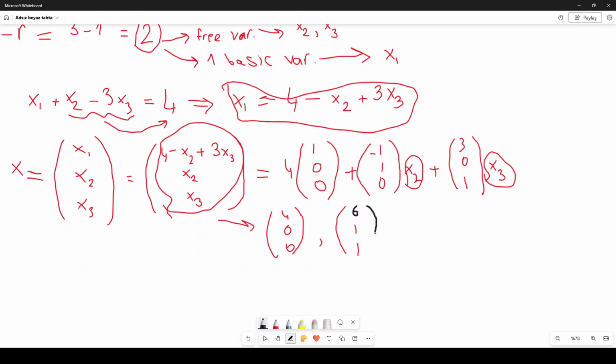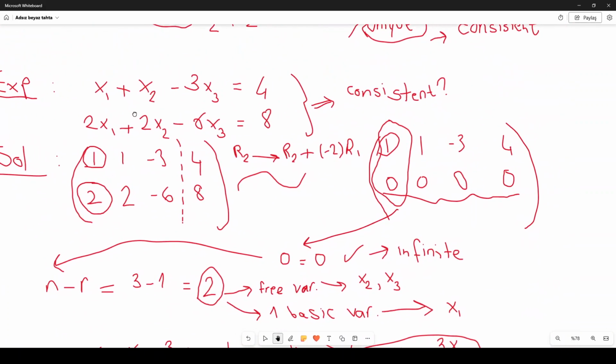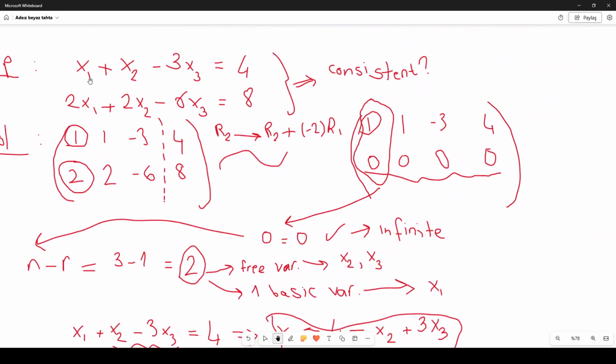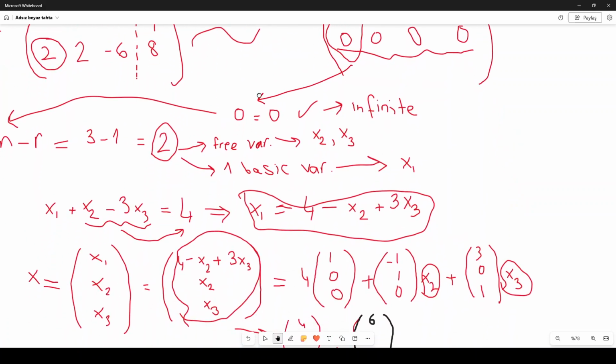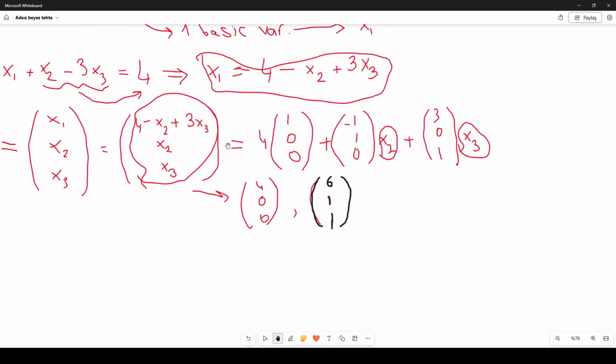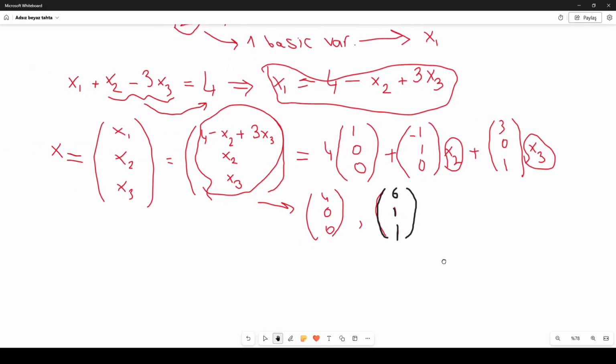So this is 6, 1, 1, right? That means if you plug in 6, 1, 1, again it is satisfied as we see. 6 plus 1, 7 minus 3 is equal to 4, and again 6 times 2 is 12, plus 2, 14, and minus 6 equal to 8. And we can continue in this way. So in either case, we have an infinite number of solutions.